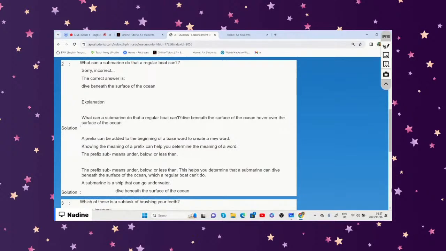So to answer the question of what a submarine can do differently than a regular boat, it can go underwater. Right? So a submarine can go underwater. It dives underneath the surface of the ocean, whereas a normal boat cannot do that because once water gets in your boat, there's a possibility that it might sink.